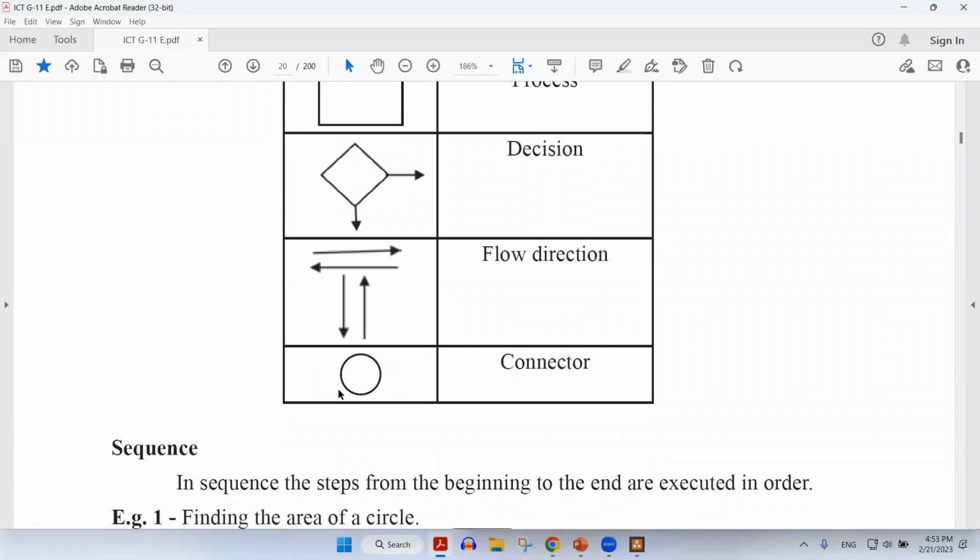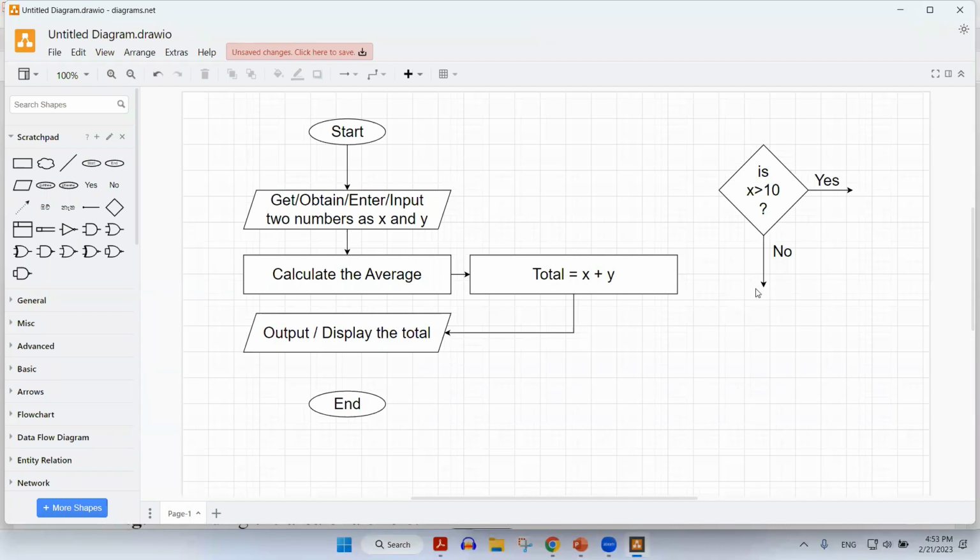Like this, so we indicate that connector right over here. As an example, I can modify this into a connector by making this a circle and getting rid of the rest. I'll make this a connector, and we indicate some particular capital letter over here.